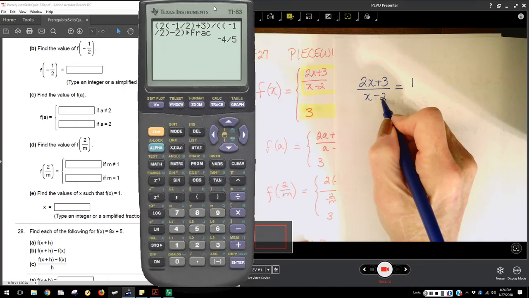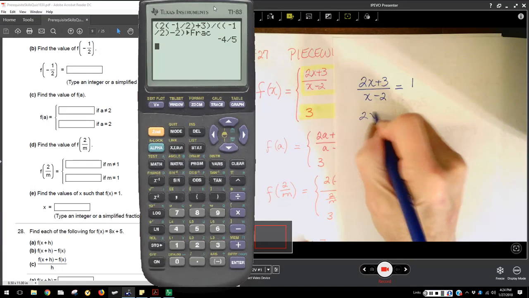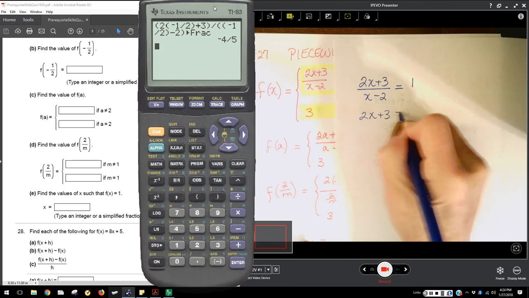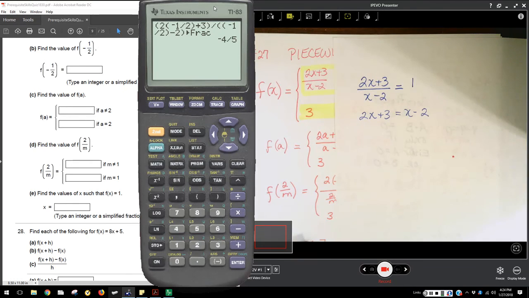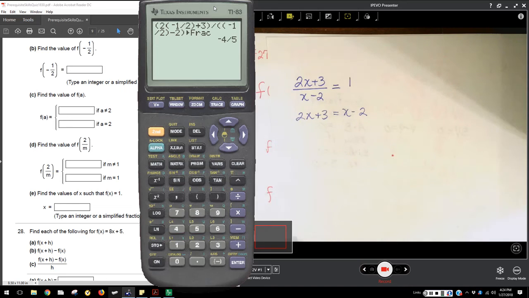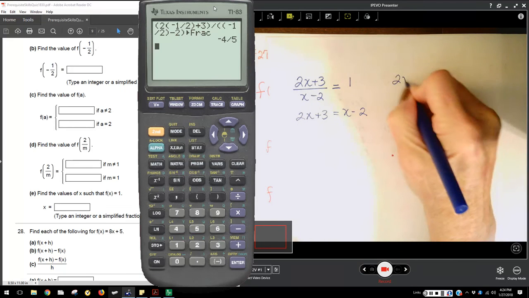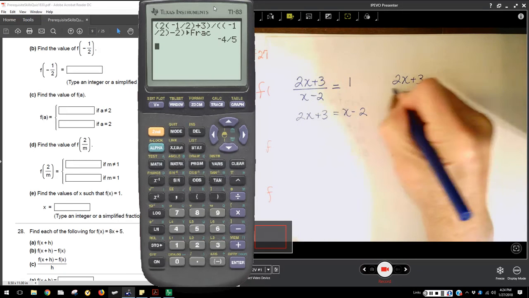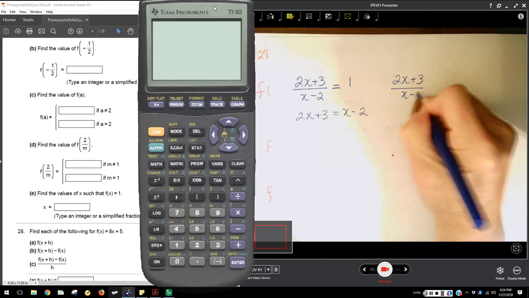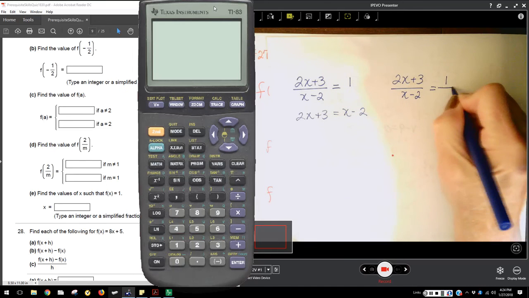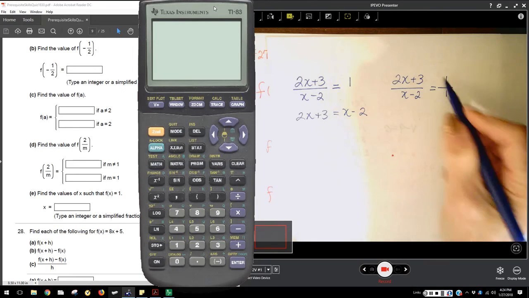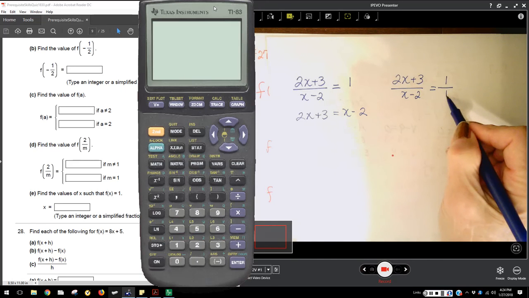So you could just go straight to the idea that that means that 2x plus 3 is equal to x minus 2. If that doesn't seem quite all that obvious to you, then look at it this way. 2x plus 3 over x minus 2 is equal to 1 over 1, and cross multiply because 1 over 1 is the same thing as 1.